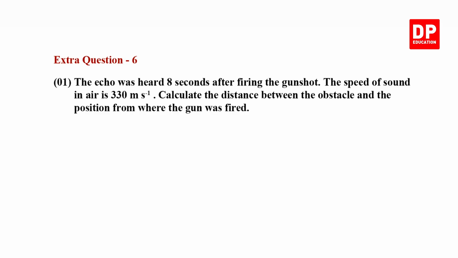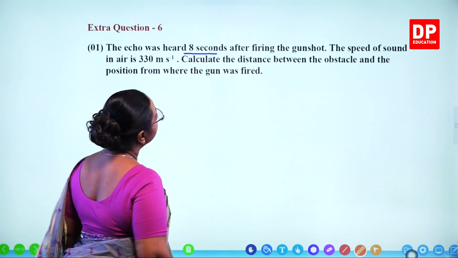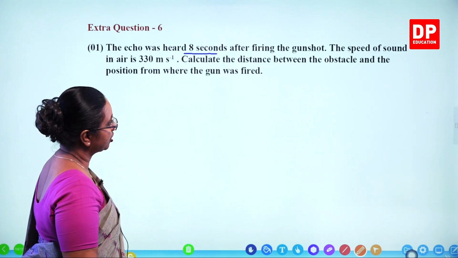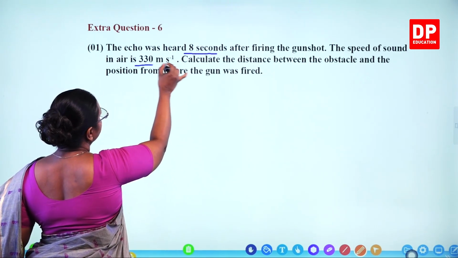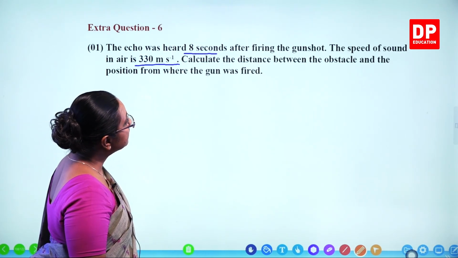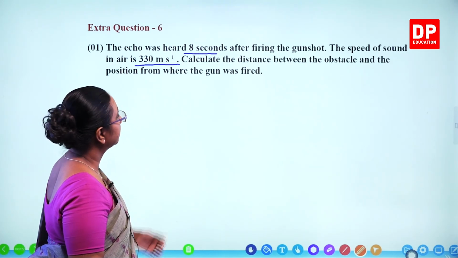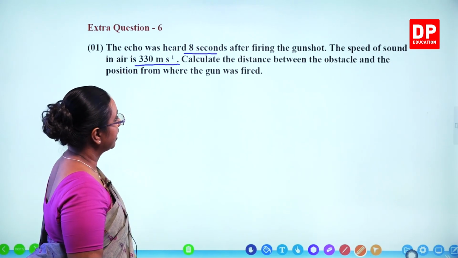The next one, extra question 6. The echo was heard 8 seconds after firing the gunshot. The speed of sound in air is 330 meters per second. Calculate the distance between the obstacle and the position from where the gun was fired.